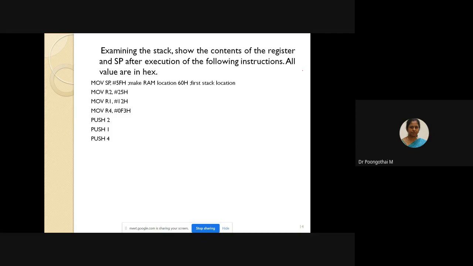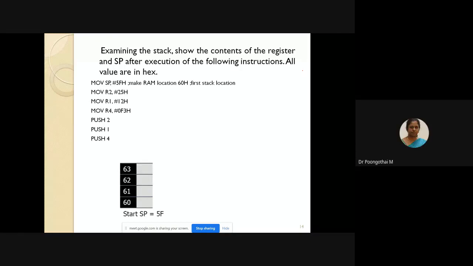So what is the answer after execution of push 2? Which memory location stores your register content? 61H. 60H or 61H? Initially it's pointing 5F, no? 60H, ma'am.